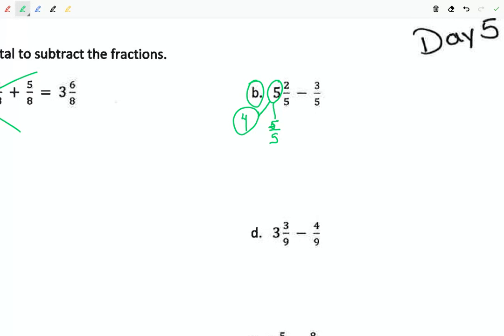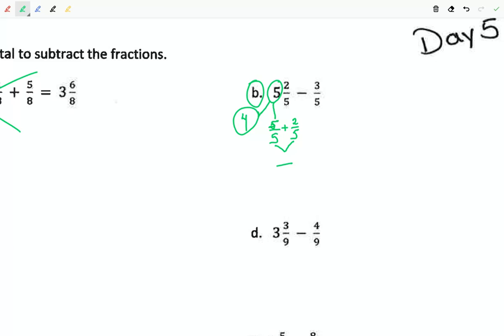The reason why I am doing this is because I want to add that 5/5 to 2/5 to make a big fraction, so that instead of having 2/5, I have a bigger fraction that I can use to subtract 3/5.